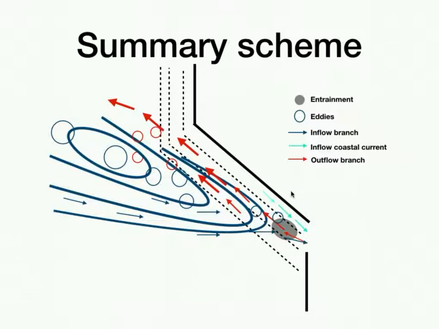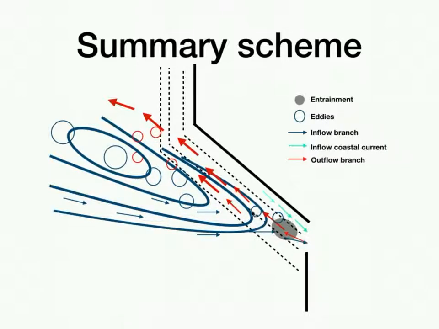So I did try to have a little scheme here summarizing the main ideas. We have the strait. First of all, we have the development of an inflow coastal current. Part of the inflow is driven by processes that will be established, probably by Kelvin waves, along the coastal inner shelf part.